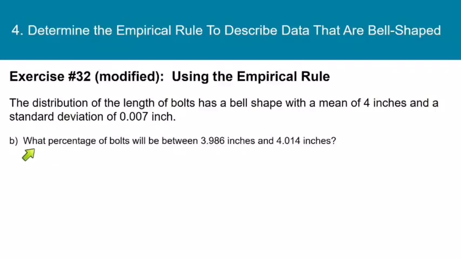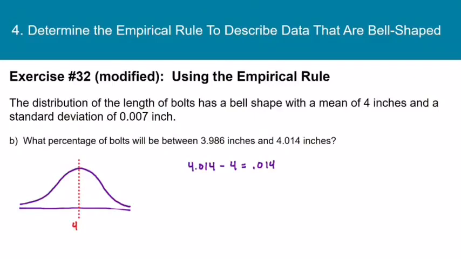And here's part B that says what percentage of bolts will be between 3.986 inches and 4.014 inches. So again, start with a diagram, and now let's find out how many standard deviations it is from the mean to this upper limit. So we'll say 4.014 minus 4, and that gives us, of course, 0.014.